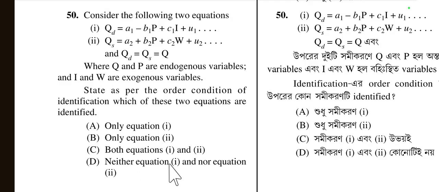To determine which of the equations is identified according to the order condition of identification, we need to look at the number of endogenous and exogenous variables in each equation.